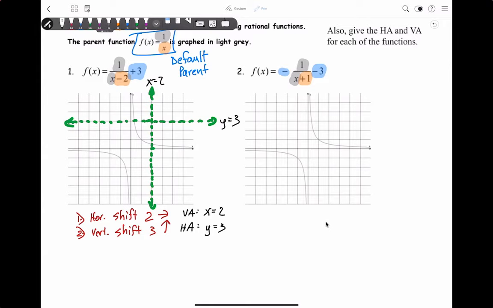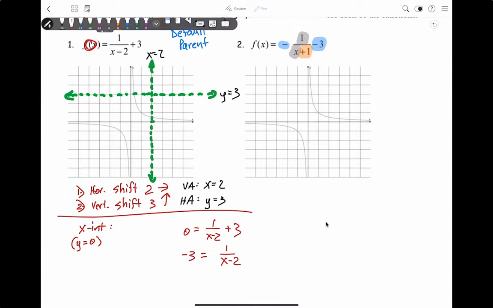So let me show you that with this original equation up here. Let's say that I want to look for my x-intercept. Well, x-intercepts occur when y is equal to 0. So if I put 0 here, I'm going to say 0 is equal to 1 over x minus 2 plus 3. And if I just solve for x, here we go. I'm going to subtract 3 over.